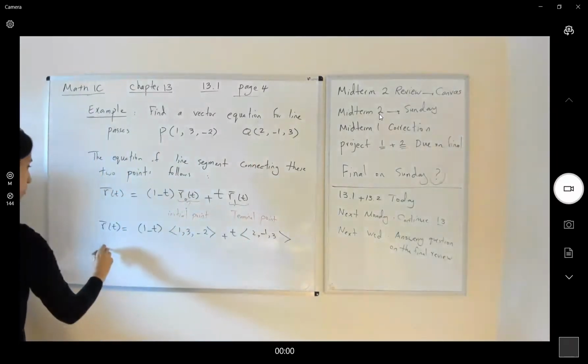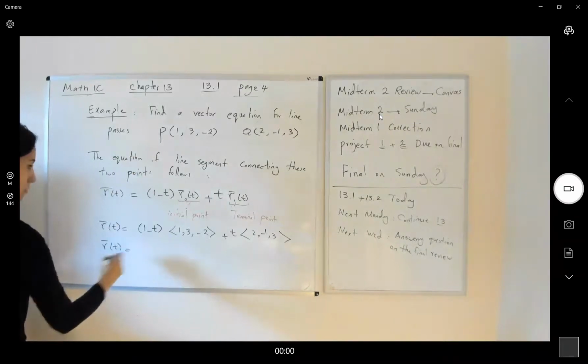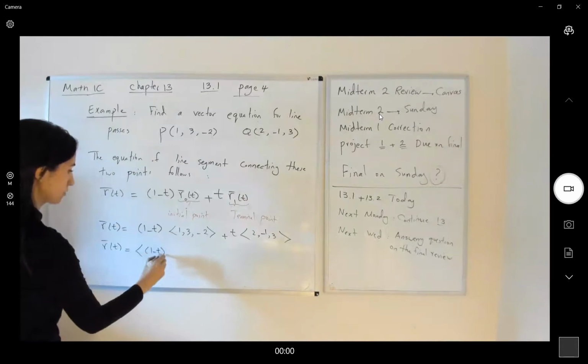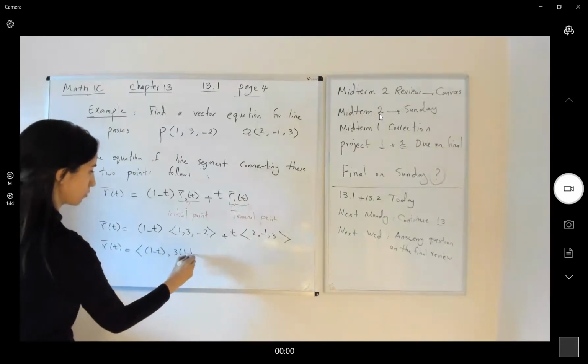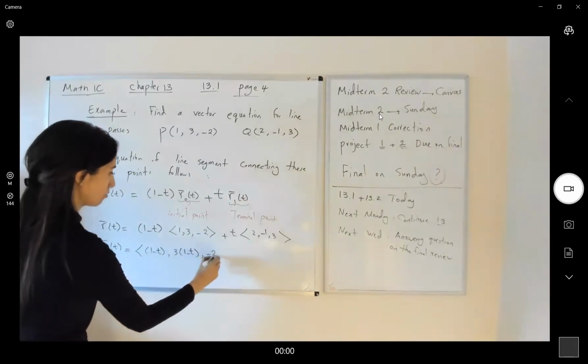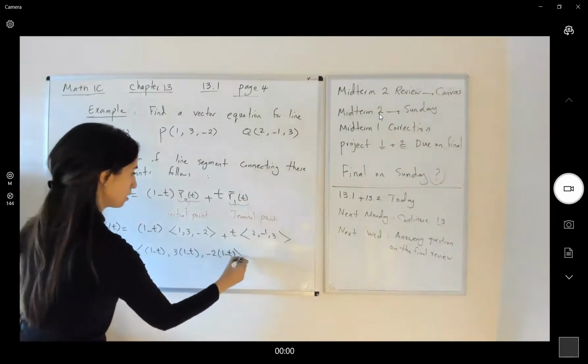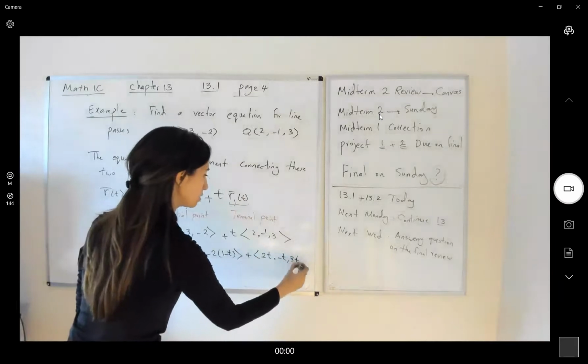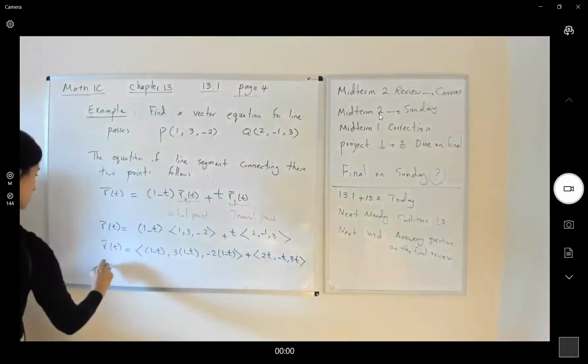Very well, let's simplify this. Here you have (1 - t), 3(1 - t), -2(1 - t), plus 2t, -t, 3t. Let's combine all of these together.